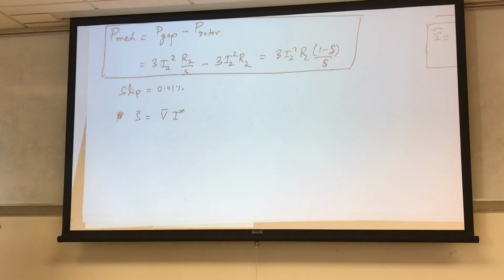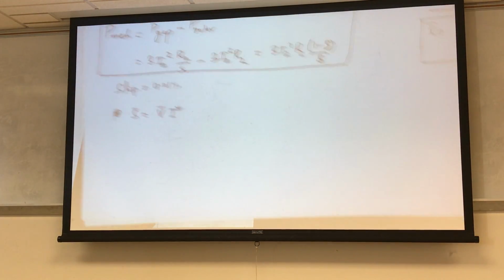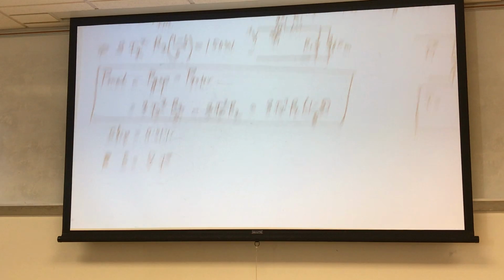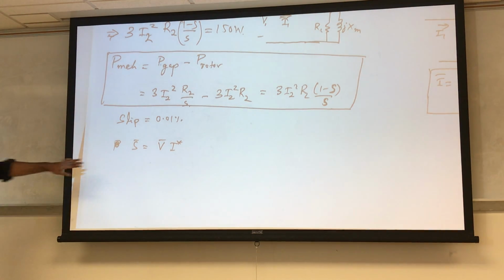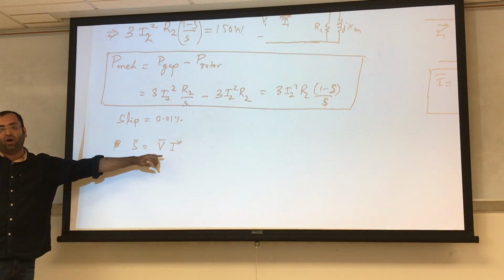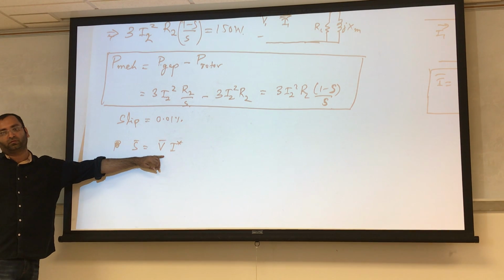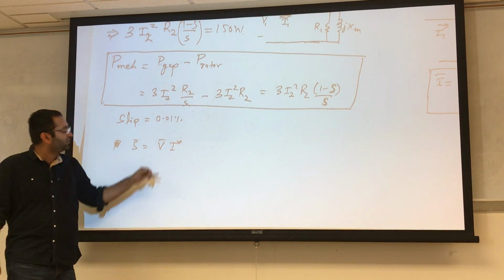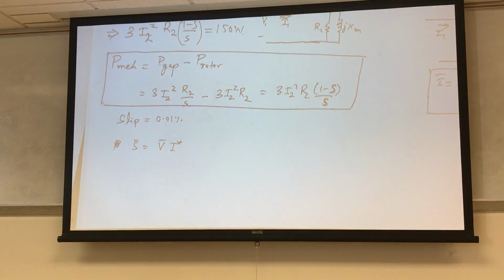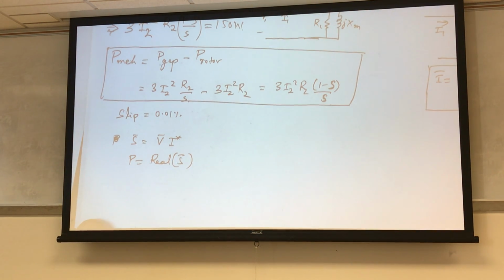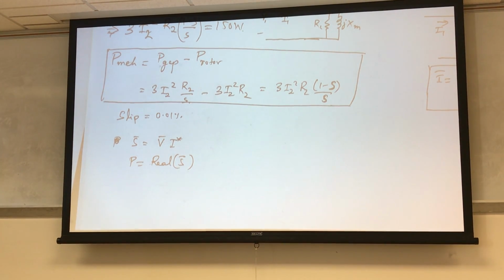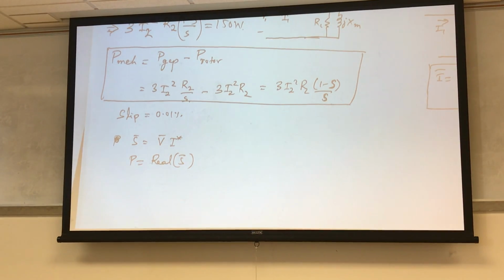So you found I from the previous step, and you can use V I conjugate to solve it. You know how to solve this in calculators. So you can easily solve this, and after that you just take the real value of this. So P equals real of this. That's it. So that's part A. Any questions till now?